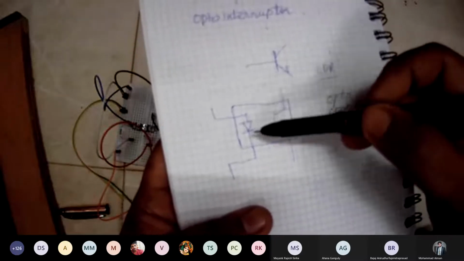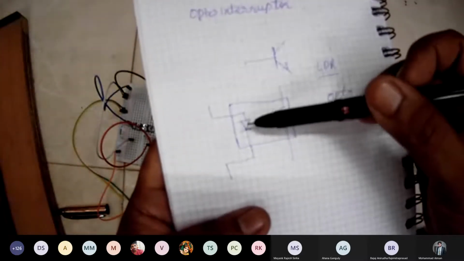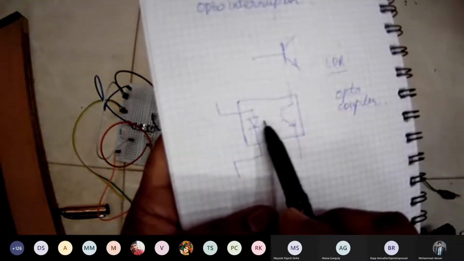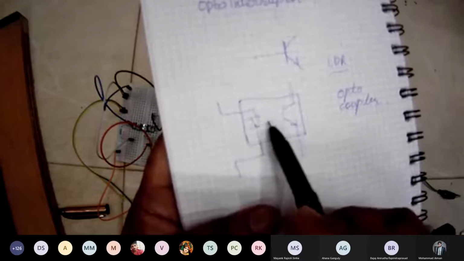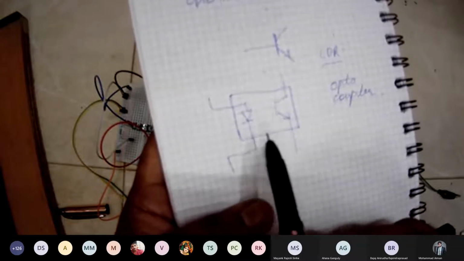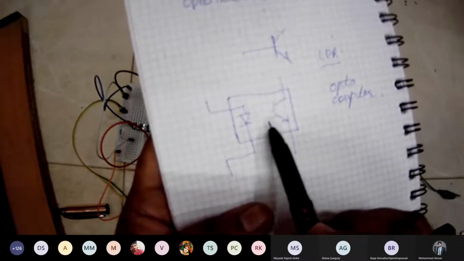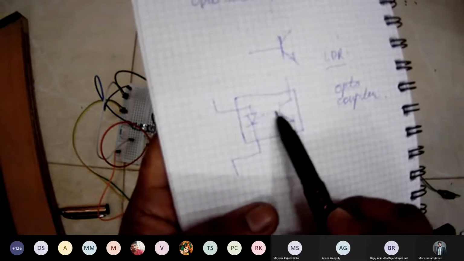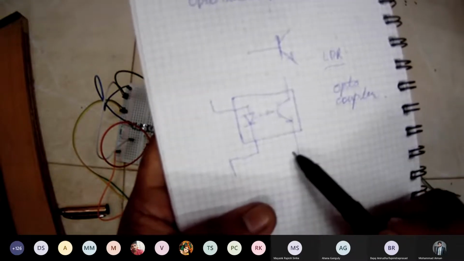Now imagine if this LED turns on, then the base is driven by the light. You can imagine this functional diagram as if this base is driven by light. So when this turns on, it gives the required amount of current and it switches on the secondary side.